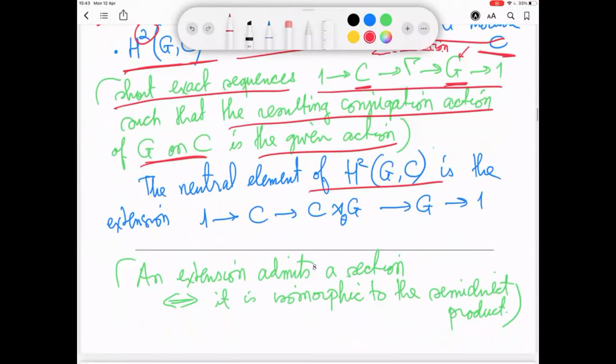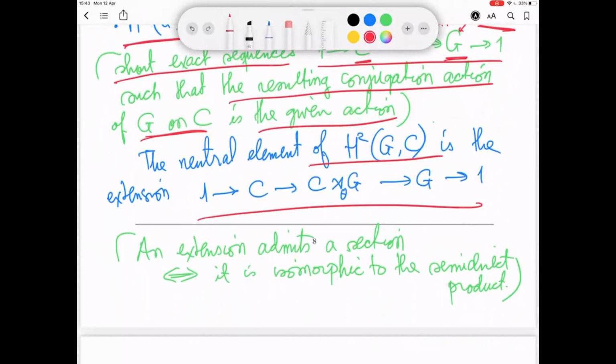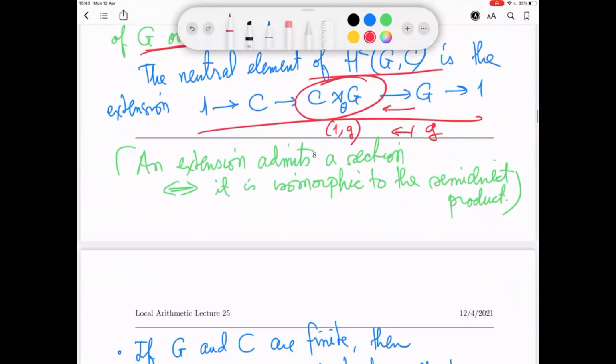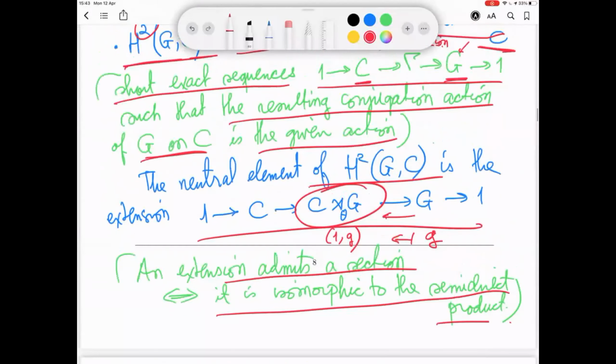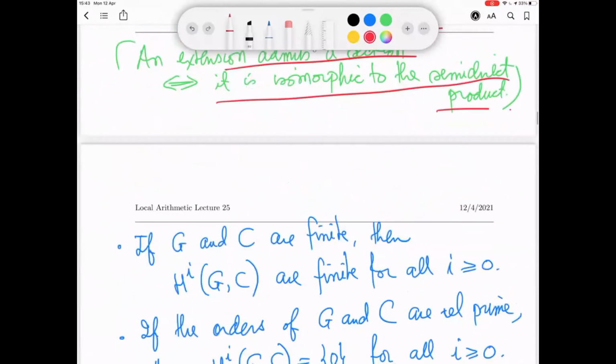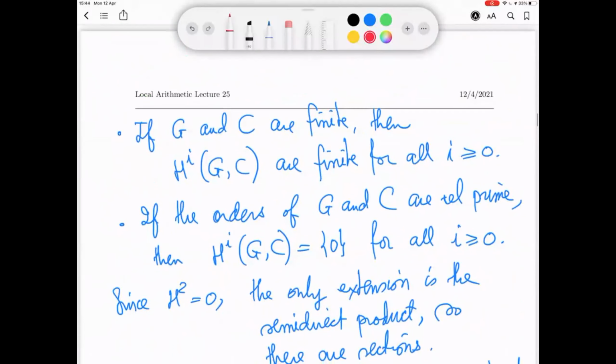The neutral element of this is the extension which is the semi-direct product. This extension has a section, the section which sends little g to (1, g). Moreover, one can see that an extension admits a section if and only if it is isomorphic to the semi-direct product. So as far as H^2 is concerned, an extension is trivial if it admits a section. Trivial means isomorphic to the semi-direct product.